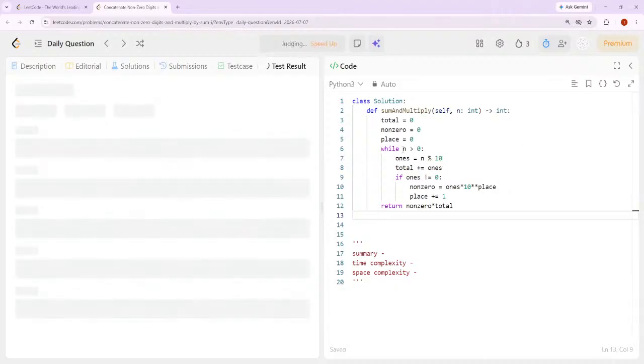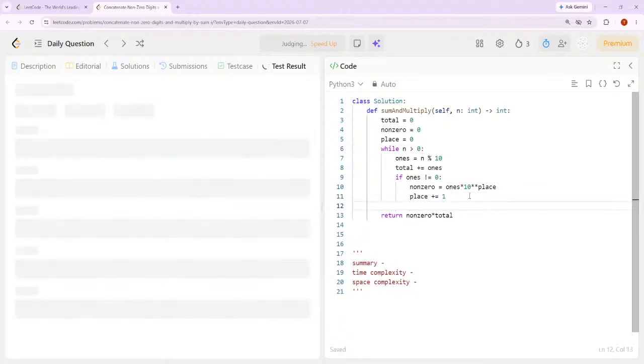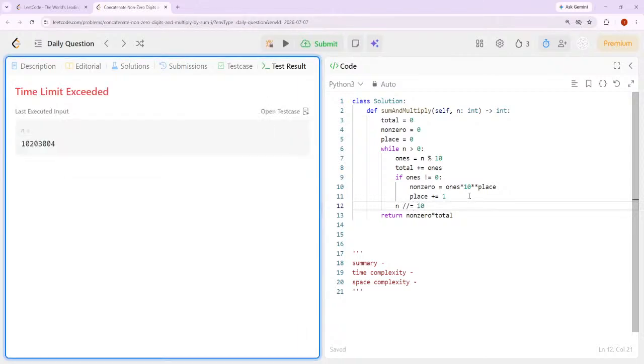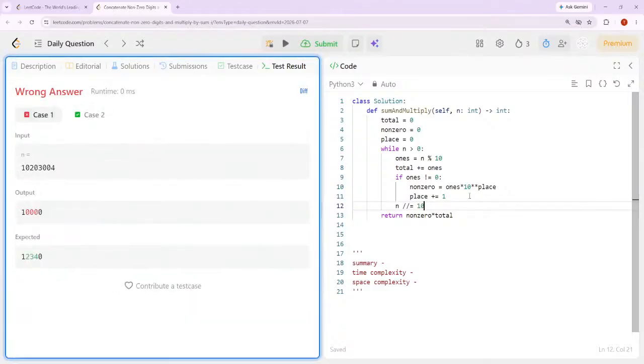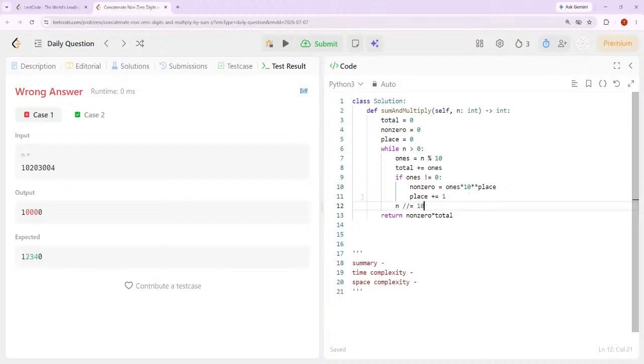No, that's not right. This while loop never stops. And you actually do n divided equals 10, so it removes that first digit.